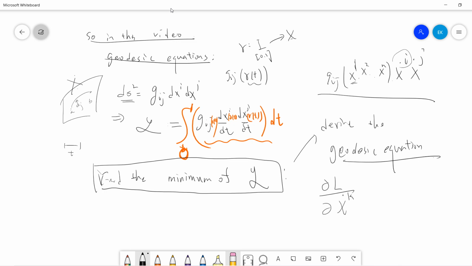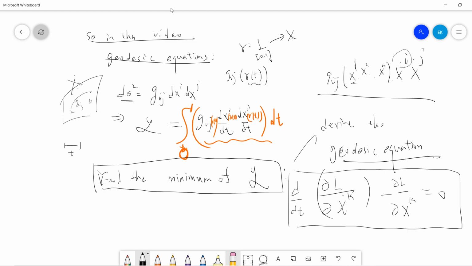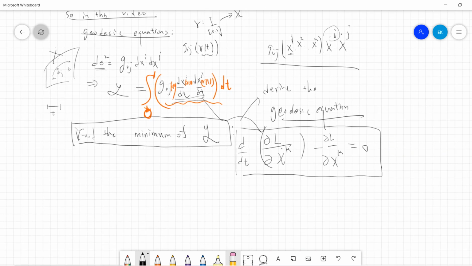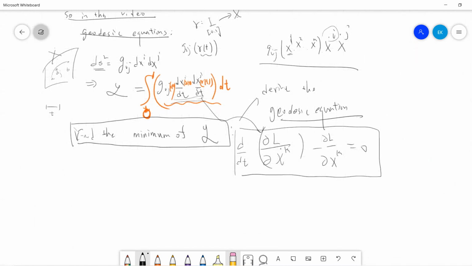So this is our standard Euler-Lagrange equation. We should apply it with this L as the density and compute, and then we will see the Christoffel symbol naturally arise.